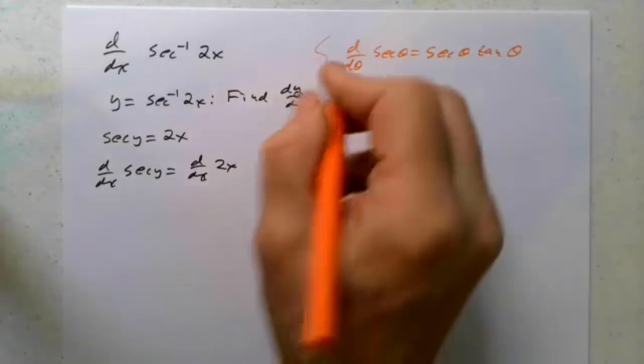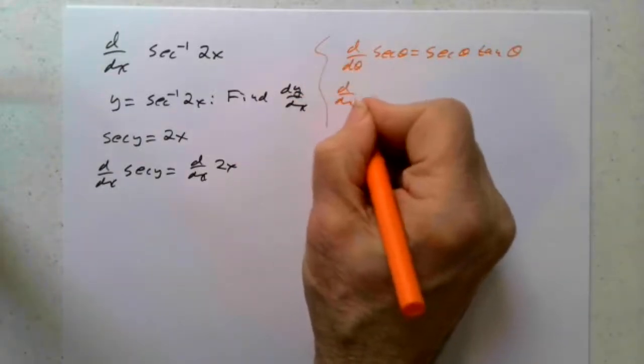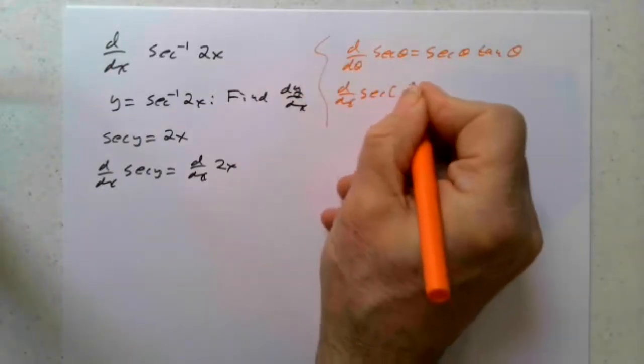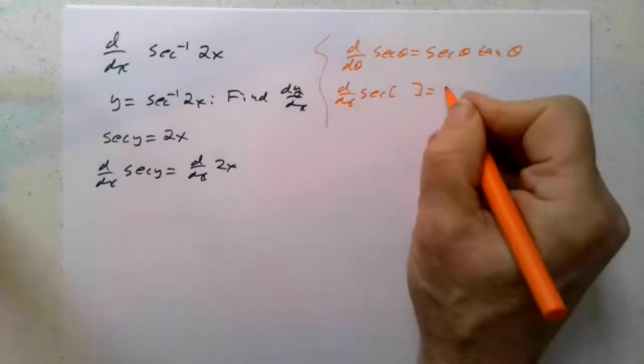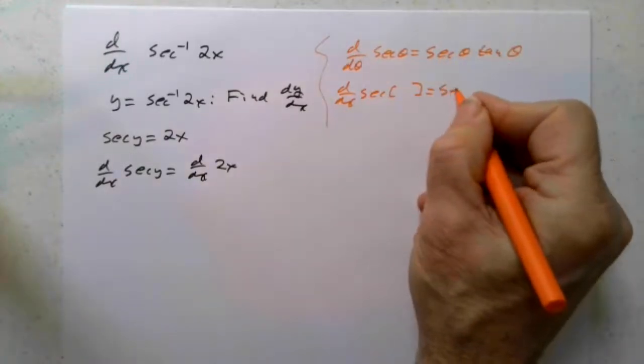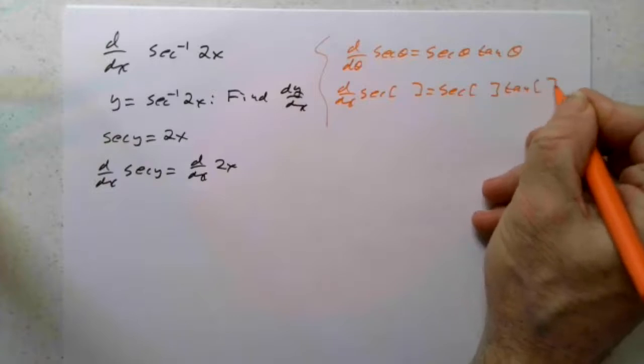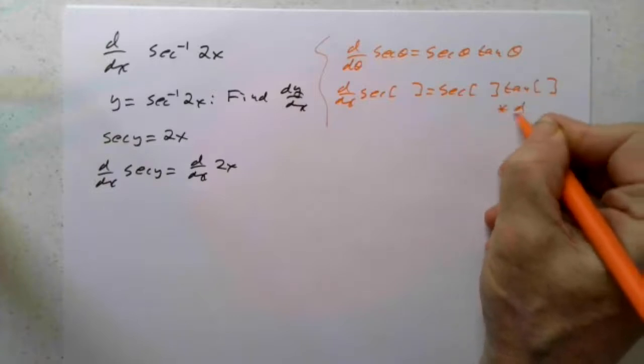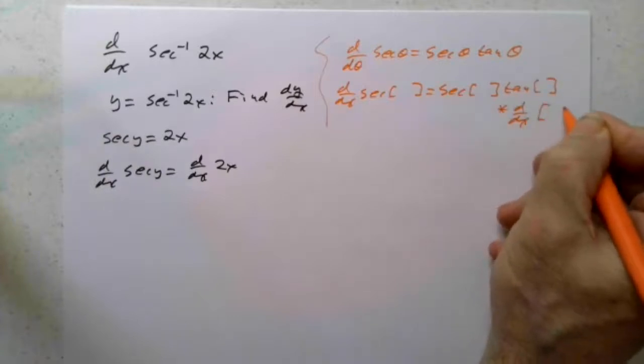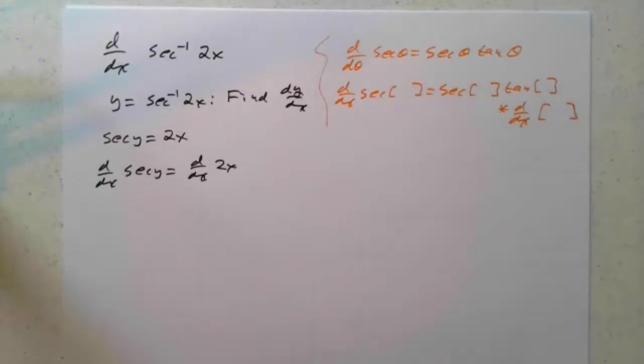So the derivative with respect to x of sec something is sec something tan something times the derivative of the something, thanks to the chain rule. But what is our something here? Our something here is just y.